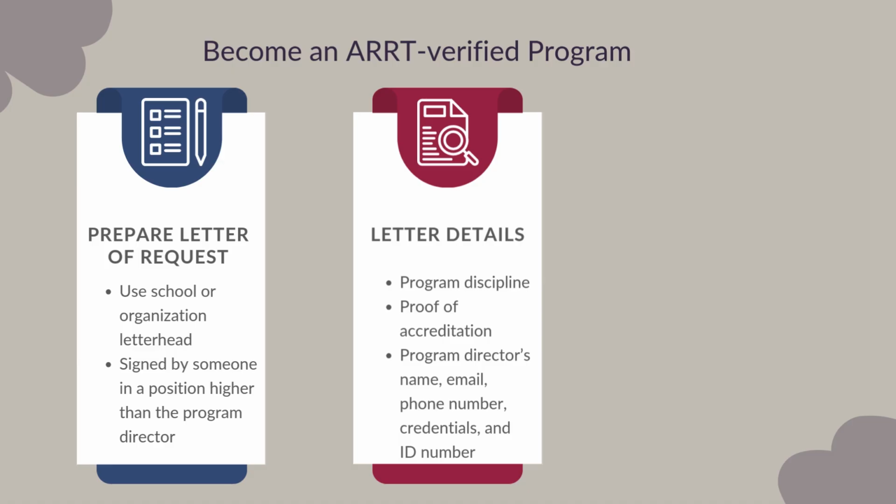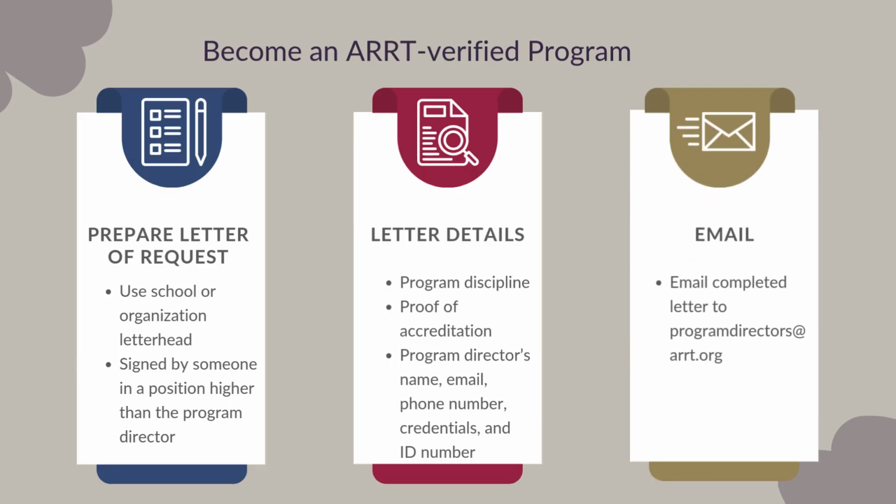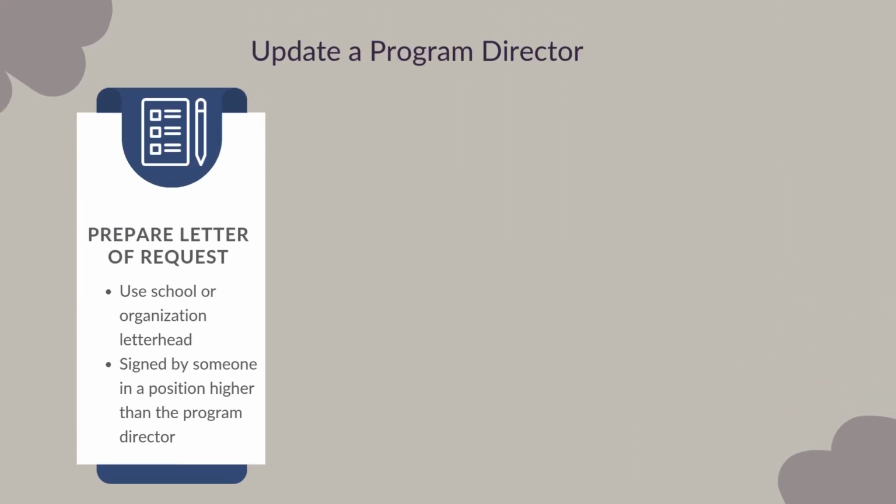Please note that program directors who are not credentialed in the program's discipline from an organization that ARRT recognizes also need to include the name and contact information of a faculty member who is credentialed by an organization ARRT recognizes. You'll email your completed letter to programdirectors@arrt.org.